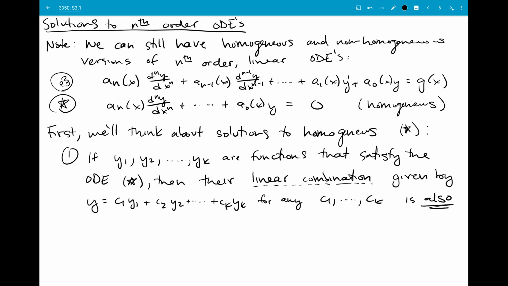That thing is also a solution to the differential equation, so it's also going to satisfy the ODE, as long as those c's are constants, constant c1 through ck.